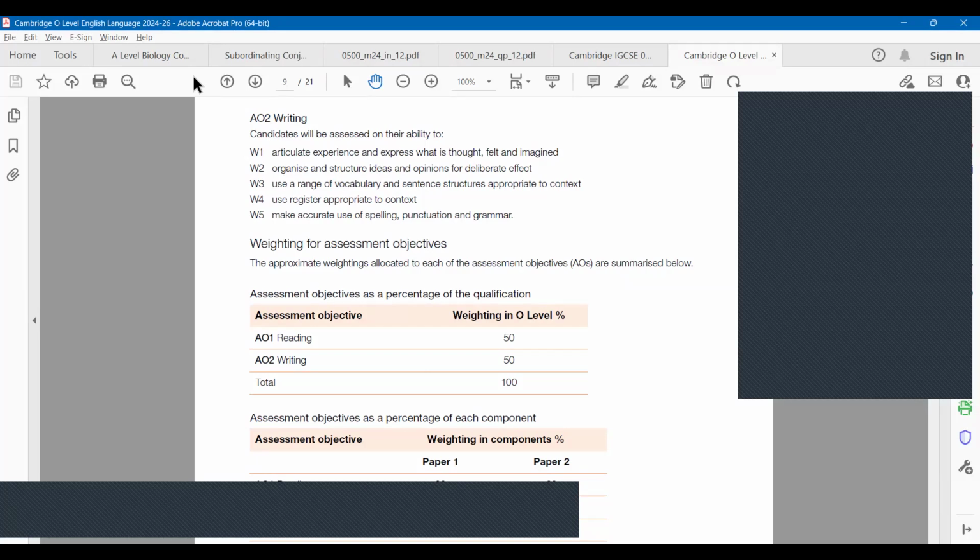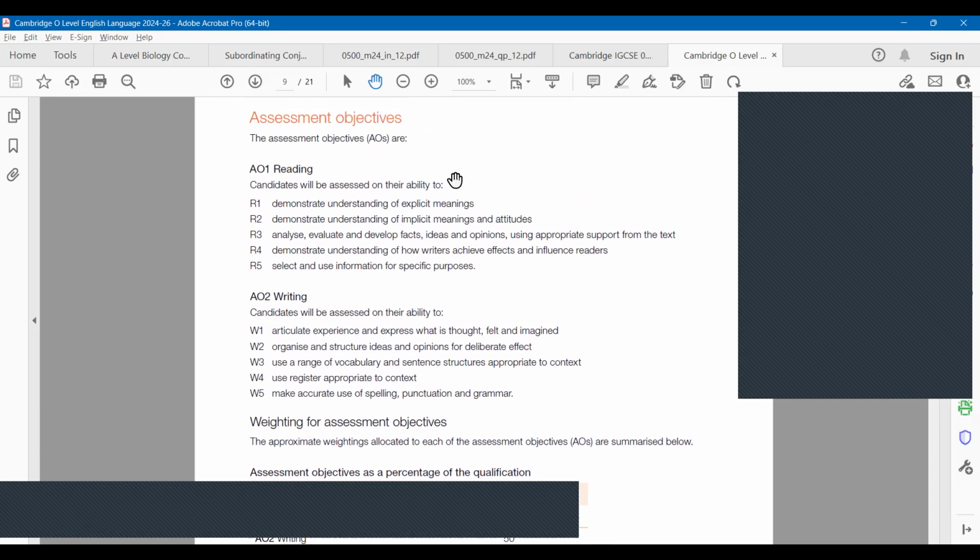There's also range of vocabulary and sentence structure appropriate to context: the choice of your words, the kind of sentences you write, the way you organize it, and obviously spelling, grammar, and punctuation. In these exams, there is no separate grammar portion. Your grammar is tested within the task that is given to you.